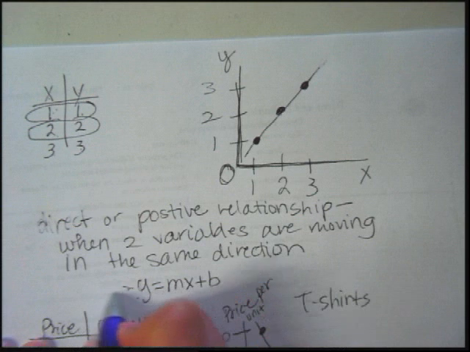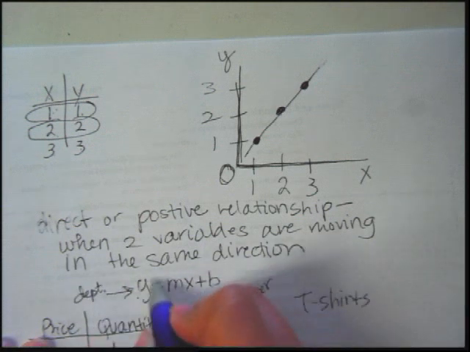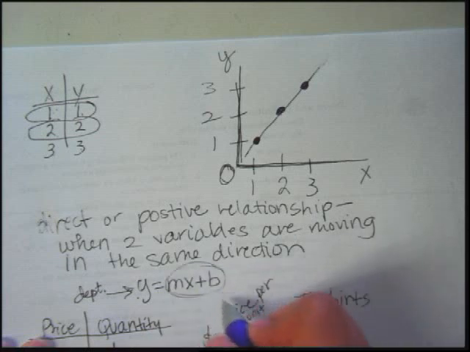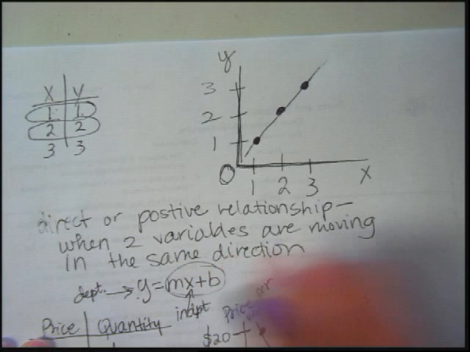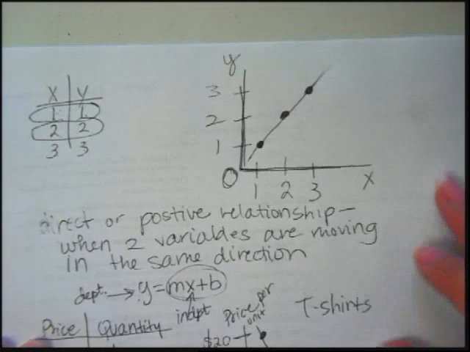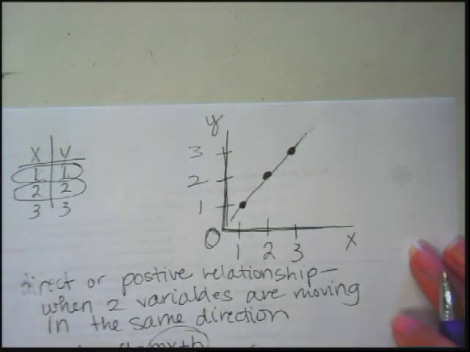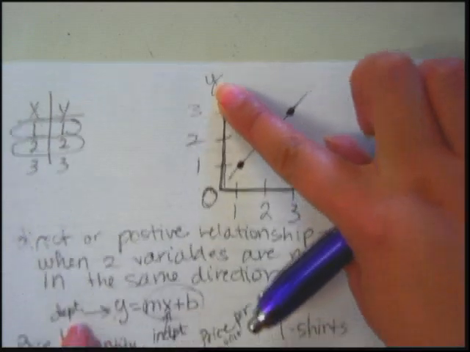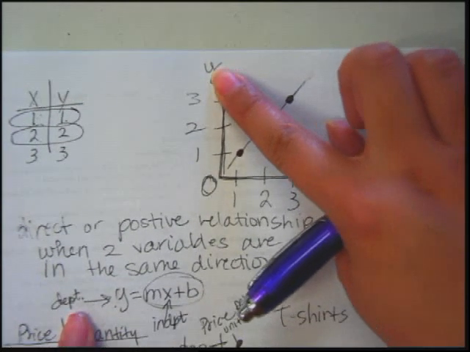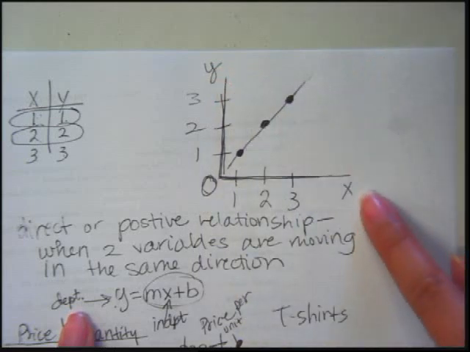Okay, this is your dependent variable, because it depends mathematically on all this other stuff to solve it. This one is your independent variable. And usually, when we're graphing in math, we put the y variable, the dependent variable, up here, and the independent variable here on the horizontal axis.